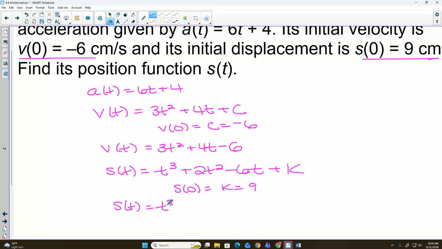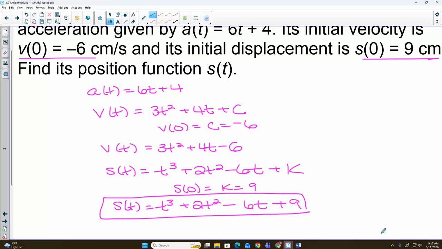So we get t cubed plus 2t squared minus 6t plus 9. Looks like we did pretty well with that one. So I'm going to do, I think, maybe one more, and then we'll stop for today.